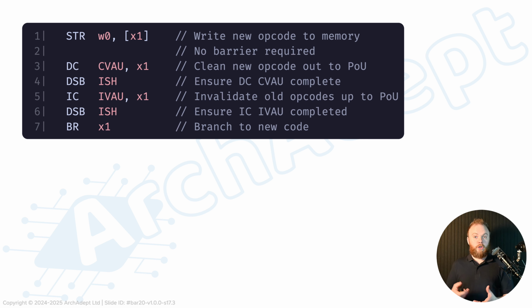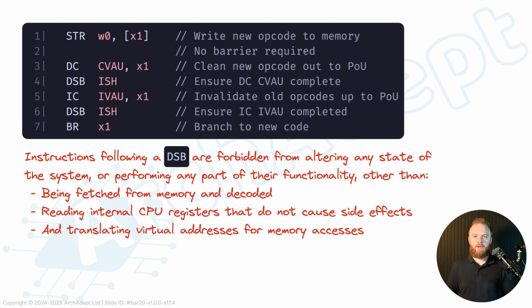Okay, so we're done now, right? Well, no. Remember how I said that a DSB prevents architectural execution of later instructions? Strictly speaking, what we mean by this is that instructions after a DSB are forbidden from altering any state of the system or performing any part of their functionality other than being fetched from memory and decoded, reading internal CPU registers that do not cause side effects, and translating virtual addresses for memory accesses.